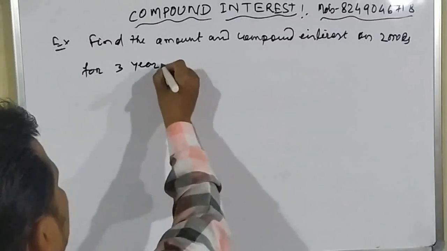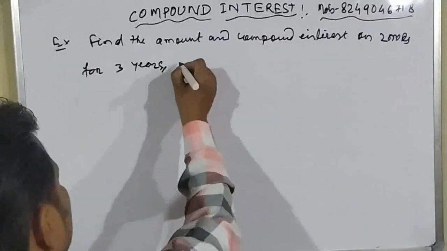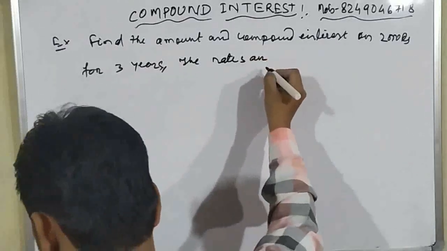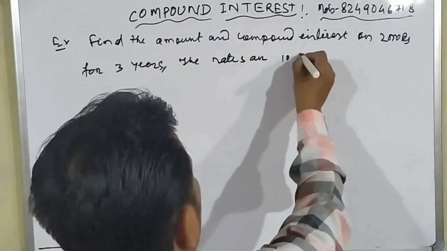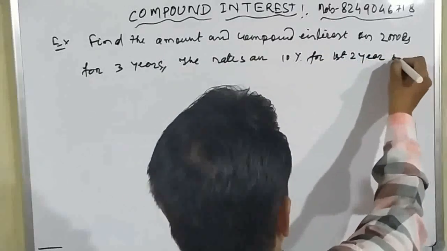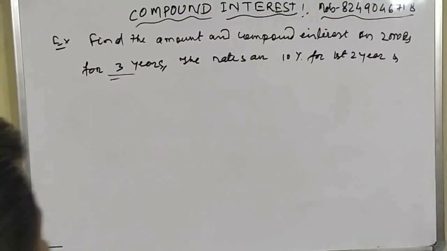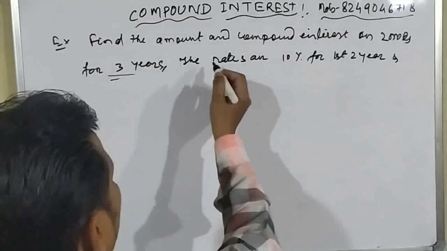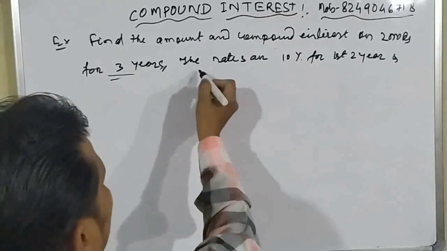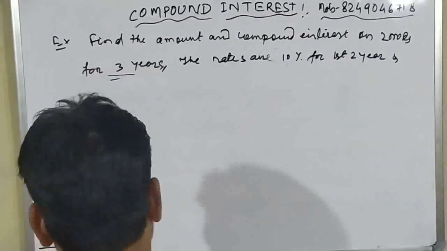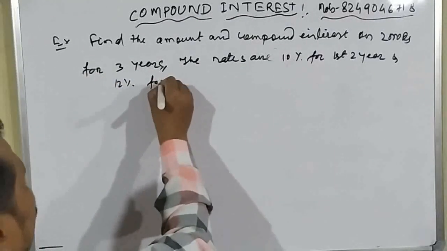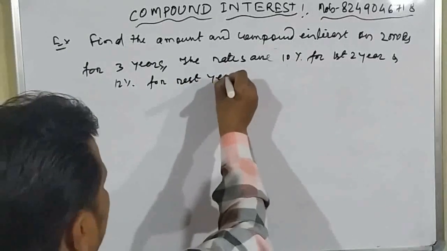The rates are 10% for the first 2 years and 12% for the rest of the year. Students, here it is given that we have to find the amount and the compound interest on 2000 rupees for 3 years. The rate is 10% for the first 2 years and 12% for the rest year. Okay.